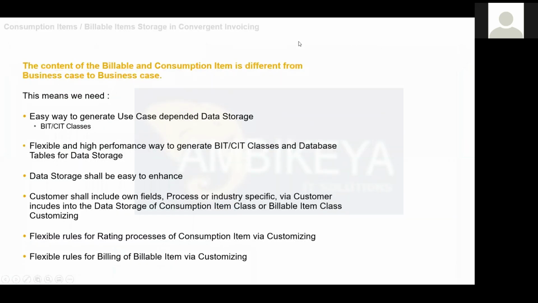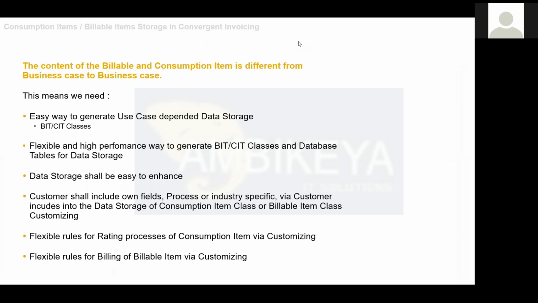I would like to go now a bit deeper into the convergent invoicing module, because this is just an example that I used. In convergent invoicing, we have the possibility to store consumption items or billable items.